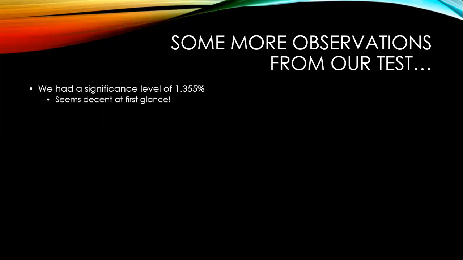We have this suspicion it was something different, but a 1.35% chance of rejecting H naught is pretty decent because it means our test is a strong test. It's a good test. The chance of rejecting H naught is not too tiny, but it's not big. So it's a good test so far.